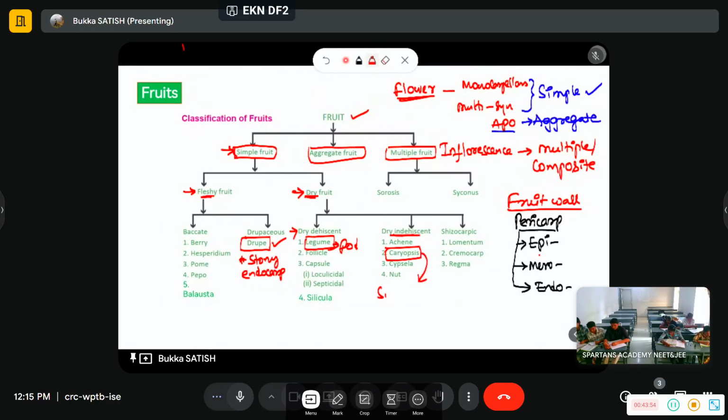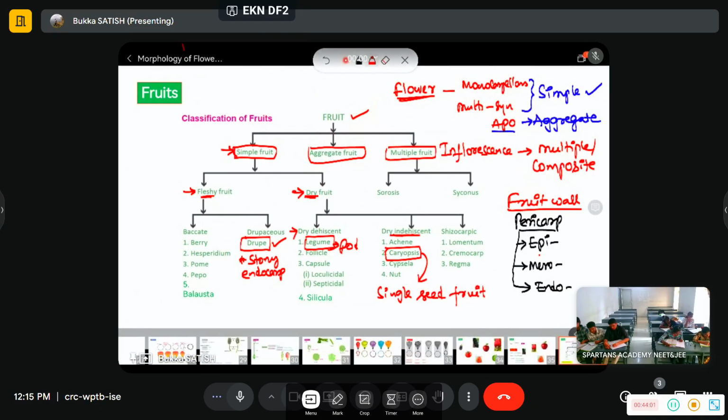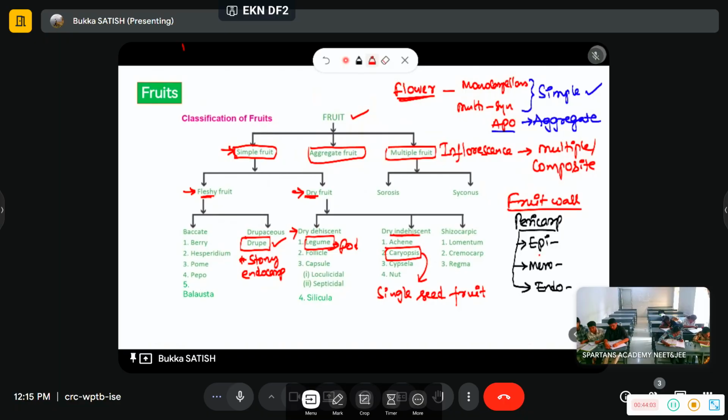It is a single seeded fruit, where the fruit wall and seed coat are fused. Both are thin basically. Thin fruit wall and seed coat are fused. You can't differentiate seed from fruit.